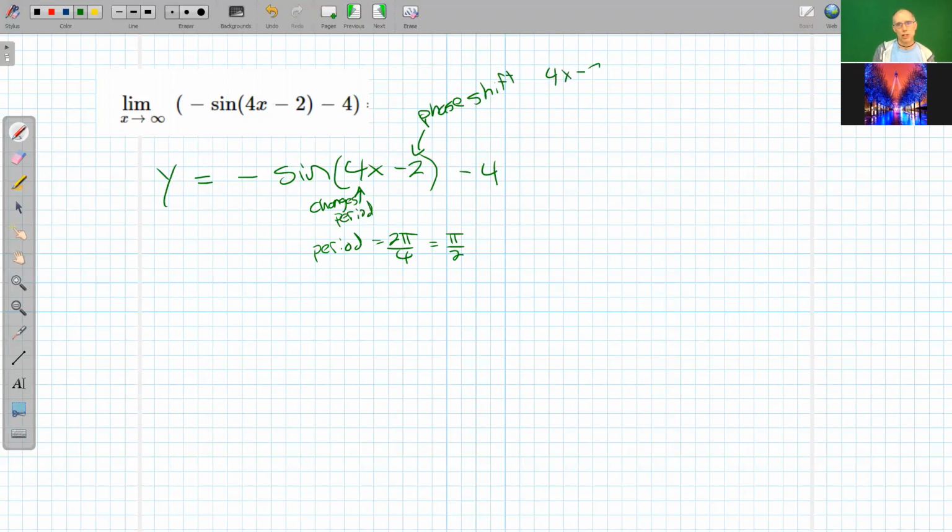So 4x minus 2, I'd factor out the 4, which would leave me with x minus 1/2 if I factor out the 4. So the -1/2 is actually the phase shift. This right here gives me the new center line, the new average of it. So this is centered on y equals -4. And this right here is just a vertical flip, right?